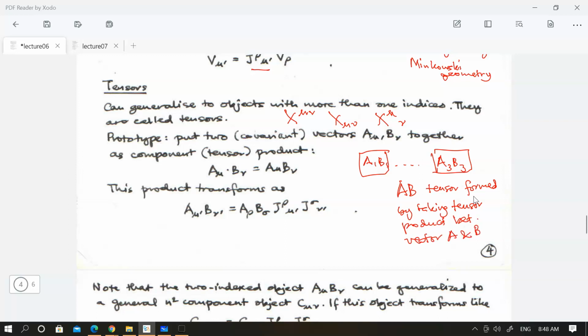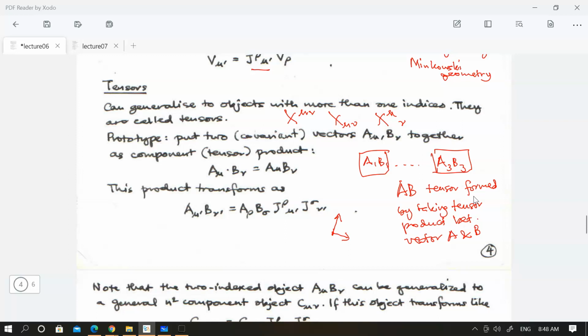Now how do you think about a tensor product? It's like defining, at each point in space, and this is talking about a tensor field actually, a set of two vectors at each point.